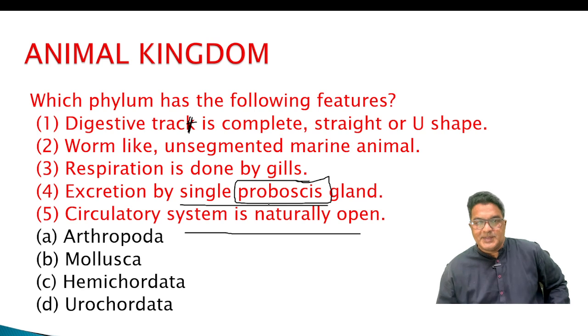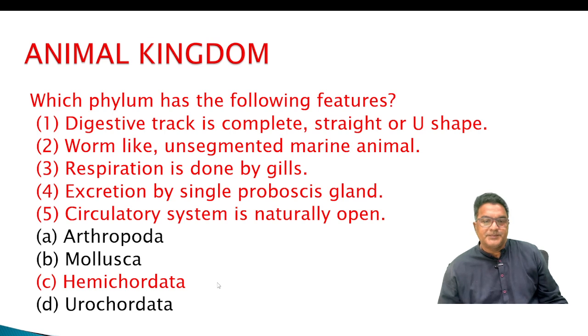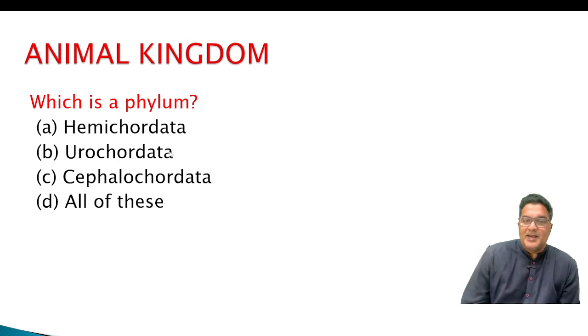Proboscis gland for excretion is a unique feature of phylum Hemichordata. Which is a phylum? Hemichordata is the phylum. Urochordata and Cephalochordata are both subphyla under phylum Chordata. So, Hemichordata is the phylum.